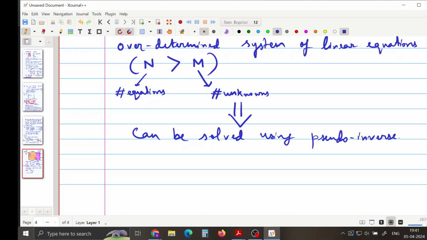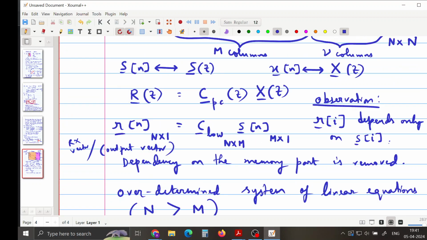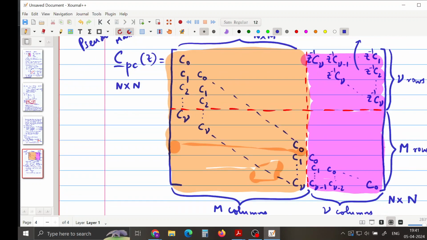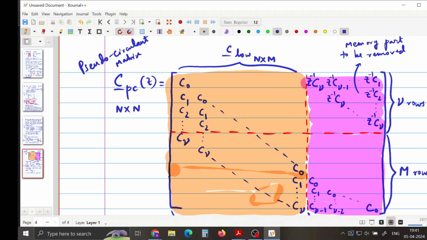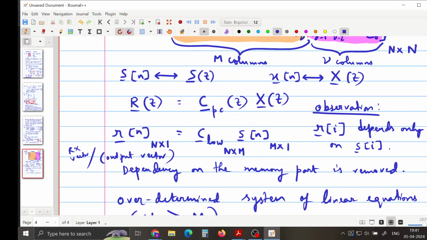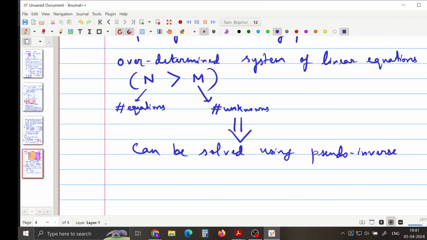That's why we are going for the pseudo inverse approach, because the C low matrix here is a rectangular matrix, an N cross M matrix, so it's not invertible straight away. That's why we have to go for pseudo inverse. Okay, it can be solved using pseudo inverse based on least squares. That's the least squares solution.